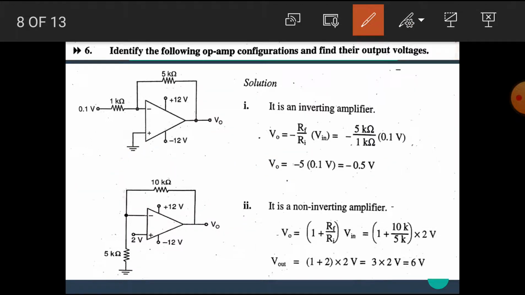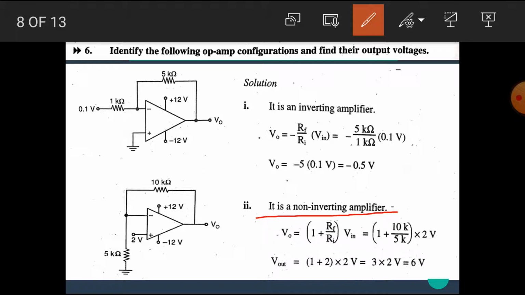Similarly, we can see in this, here the inverting terminal is connected to the ground and input is given to the non-inverting terminal. Hence, simply it is a non-inverting amplifier.